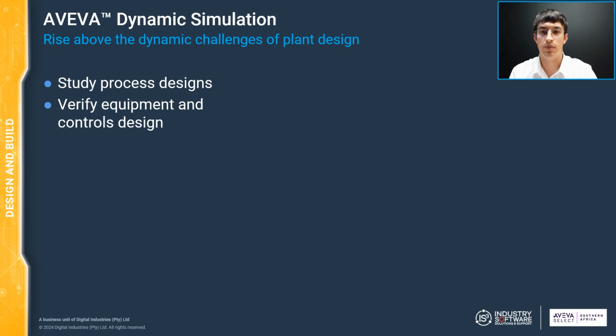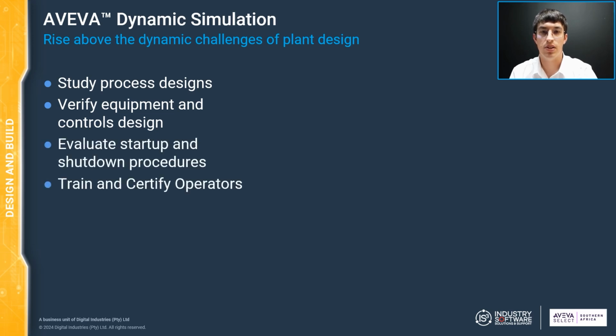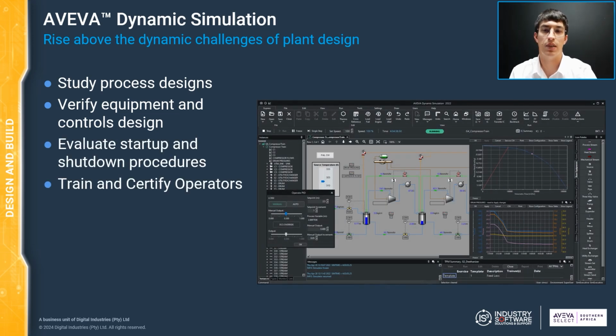AVEVA Dynamic Simulation is a dynamic process simulator used to study process designs and to verify equipment and control designs. The functionality to change inputs during a simulation run allows AVEVA Dynamic Simulation to evaluate the startup and the shutdown procedures, as well as investigate the process dynamics during normal operation.